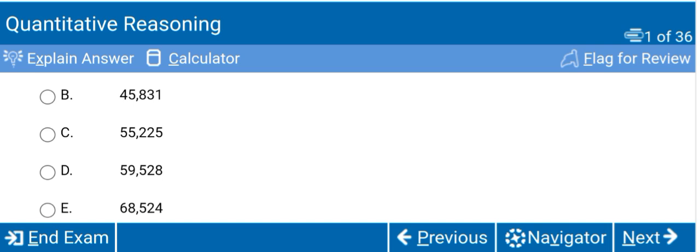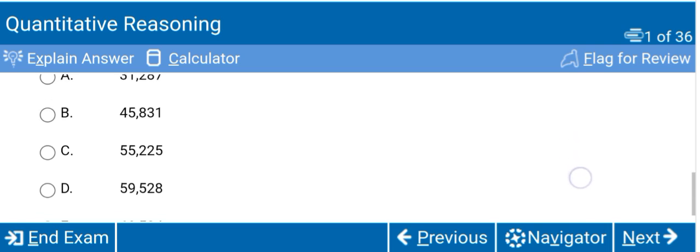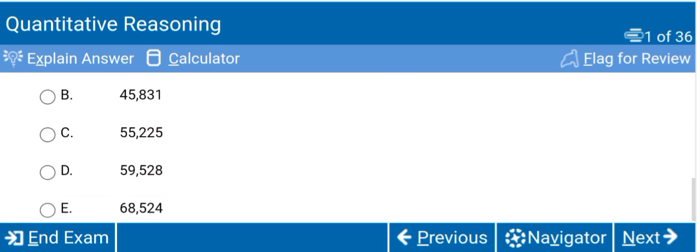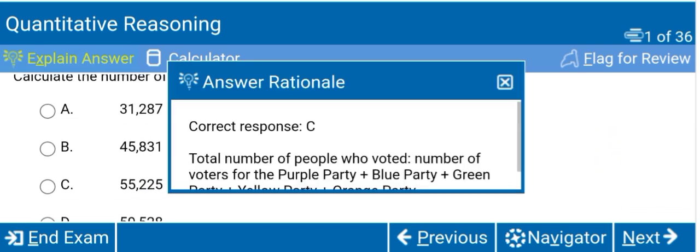And option E, 68,524. So in the last questions we had only 4 options, but this section has 5 options, and we have to select only one correct option.